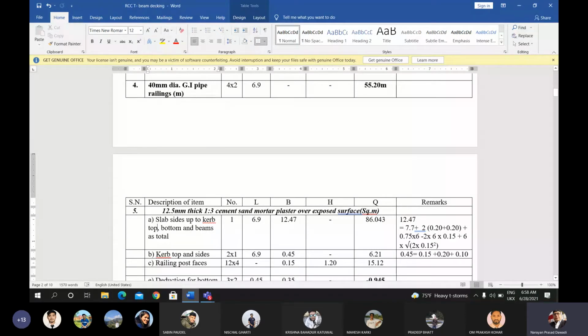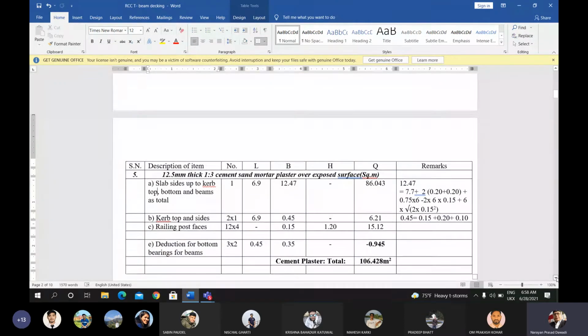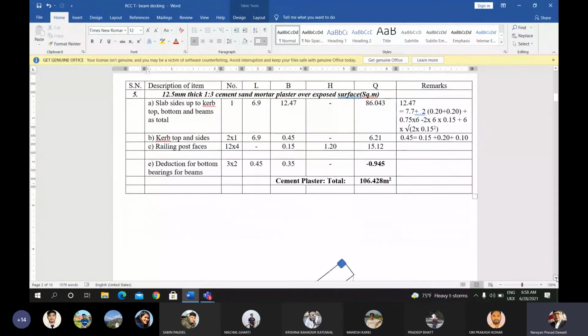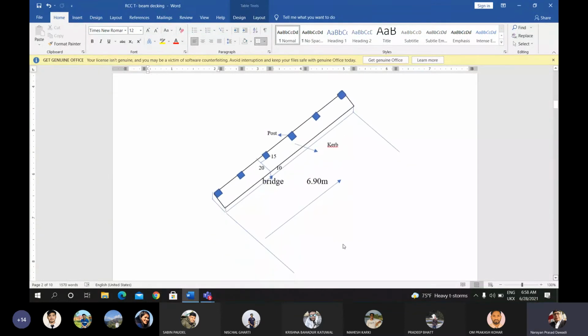Okay. The remaining part is the curved top and side. For the curved top and side, look at this figure. This is the top of the curve. The top of the curve has a width of 20 into 50, plus 15, 35, and the length is 6.9 here.